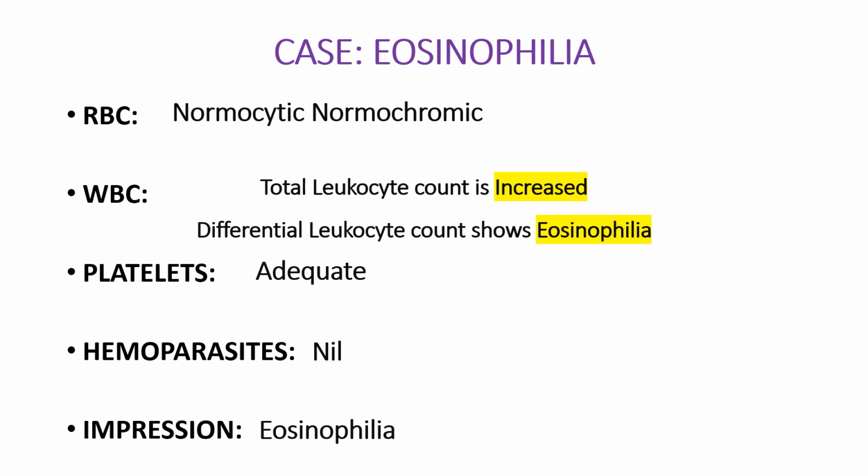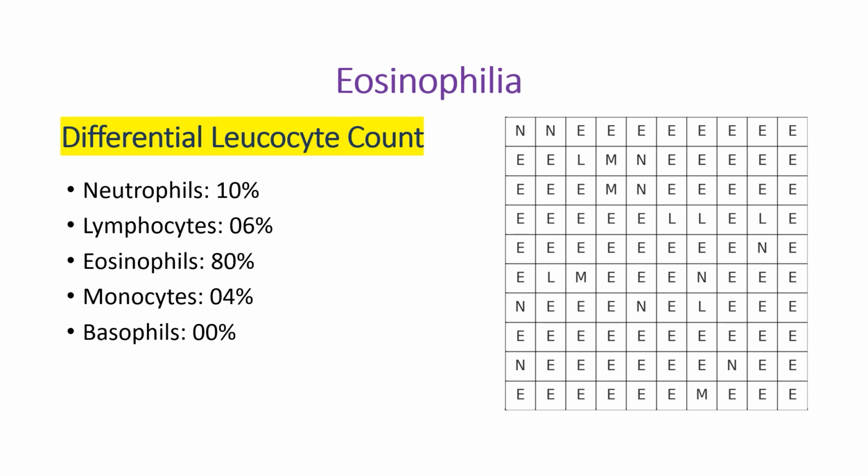Before writing all this report, you have to fill the box and write the differential leukocyte count. In the case that we have, it's a very rare case wherein the eosinophils are very, very high, about 80%. Everyone, don't write 80% as such. Just check your slide because there can be some variation in the slides. Some people can write 70, some people can write more than that. Sometimes eosinophils, because up to 6% only is normal, some cases can have only 10% or some cases only 20%.